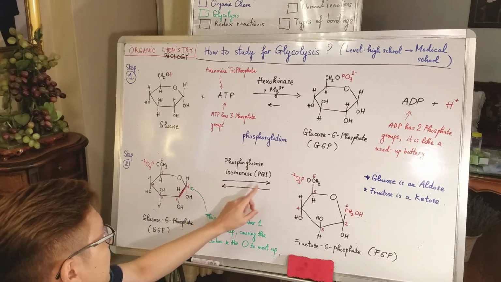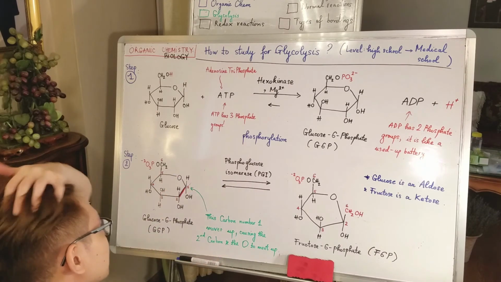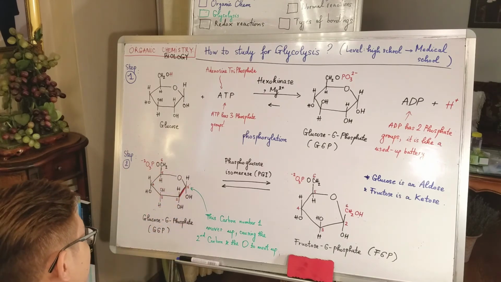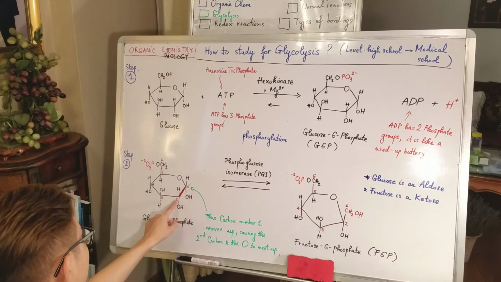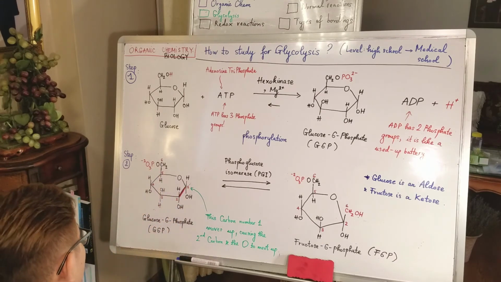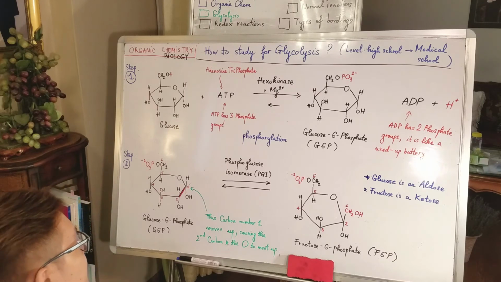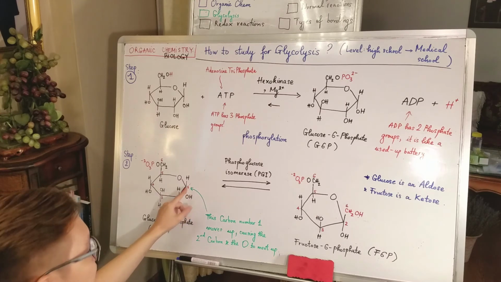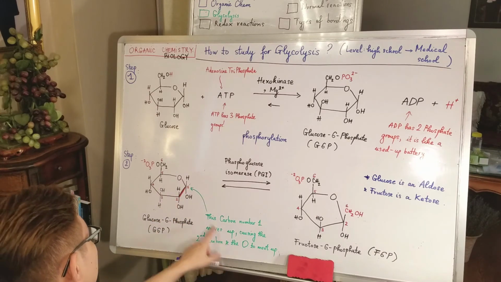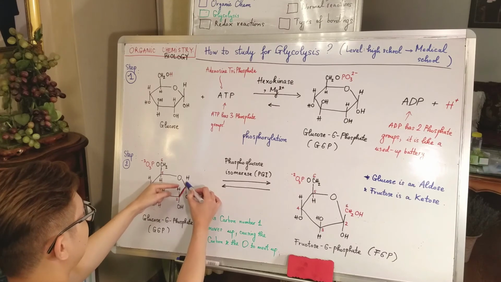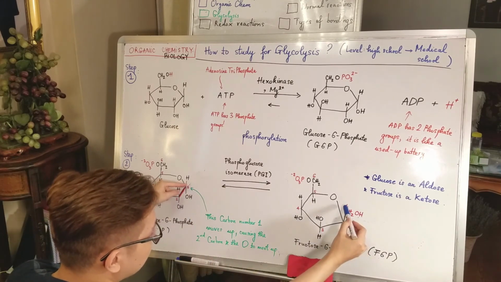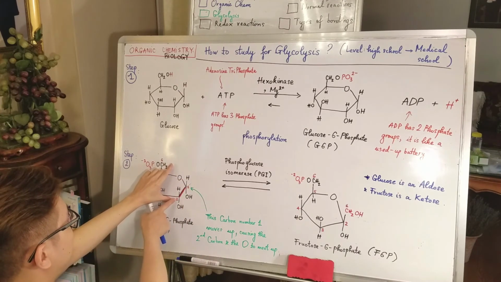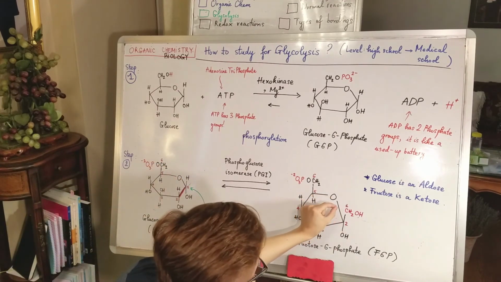Okay, and then I already numbered the carbons for you to be able to see easily. Carbon 1, 2, 3, 4, 5, and 6. So what happens here is the enzyme is going to act on this first carbon. No, it doesn't remove it, it just moves it up. And when this first carbon moves up to here, it causes the oxygen and carbon number 2 to meet up, like this.